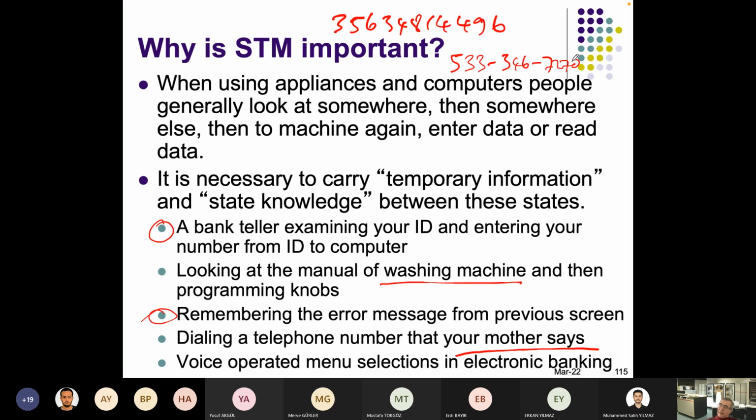The last interesting example of short-term memory is when you are dialing a bank's interactive voice response menus, IVR, hotlines, and then you get a voice menu. If you want to do something, press 1.